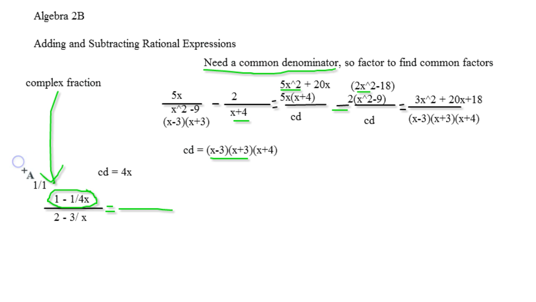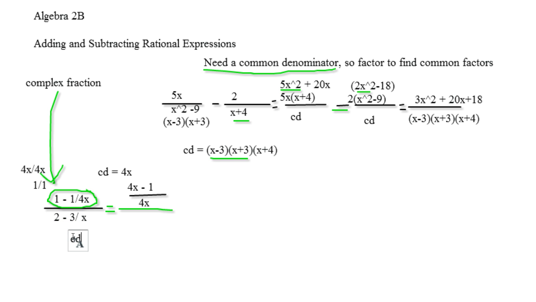I'm missing a 4x here, so this is like a 1 over 1. To change it to its proper form, I need 4x over 4x. So this becomes 4x minus 1 over 4x. Now this bottom part, the common denominator is going to be x.